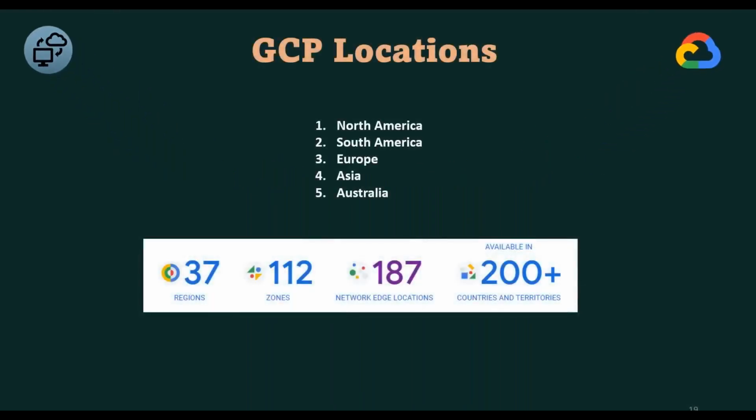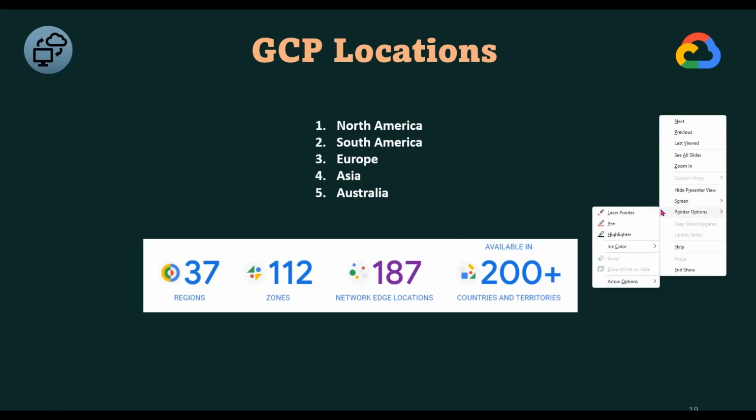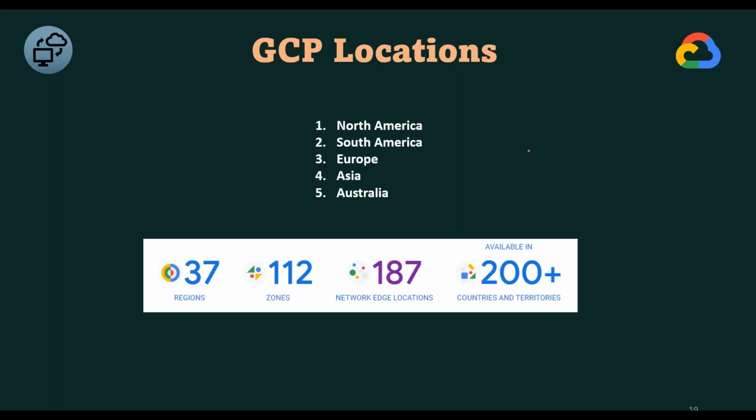Great. When it comes to the GCP, you have 5 locations available, guys. GCP organizes its resources in these 5 locations. If one wants to provide infrastructure, that infrastructure has to be available somewhere in a data center.